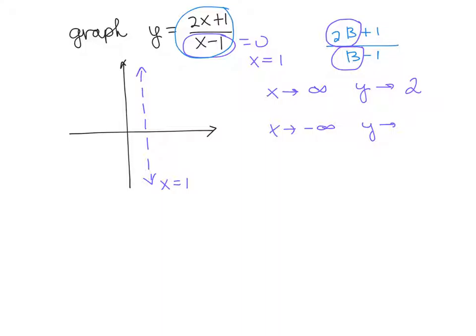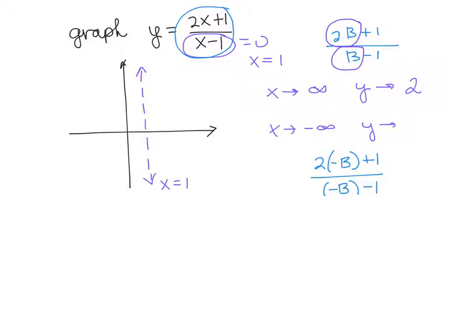Alright, let's think about what happens as x is approaching negative infinity. In this case, we're going to have 2 times that negative trillion thousand, and then plus 1, and then we have that negative trillion thousand, a really big negative number, minus 1. Again, when you're dealing with a number that's so big, that plus 1 and minus 1 are so small compared to that really big number that you can ignore those two.